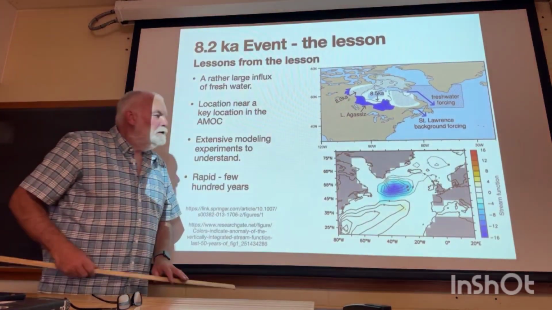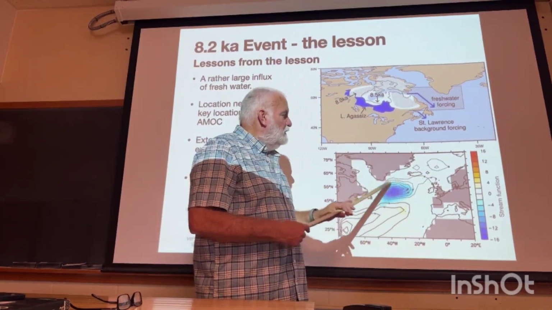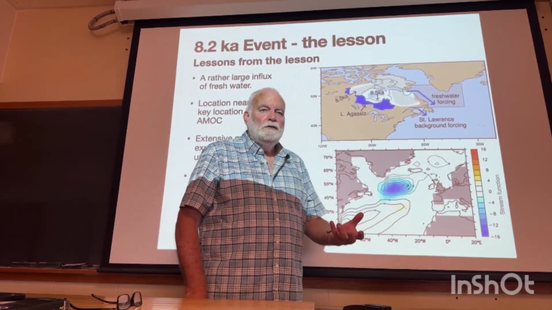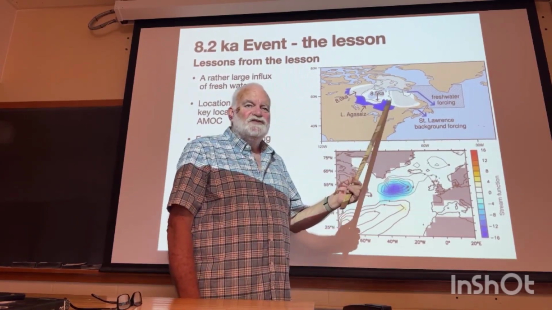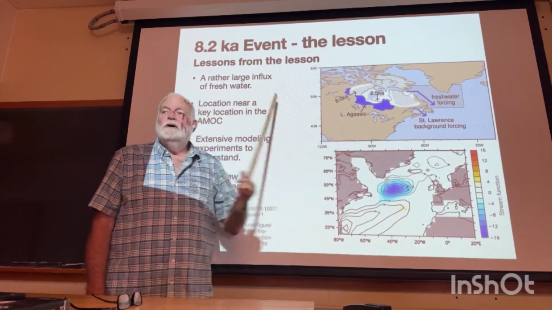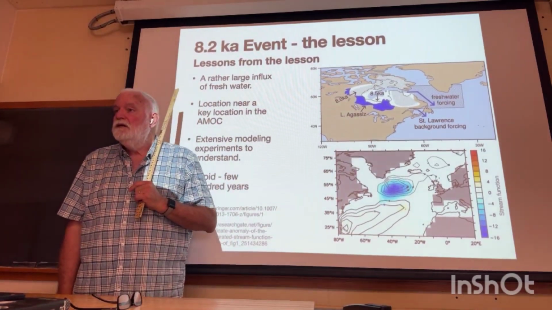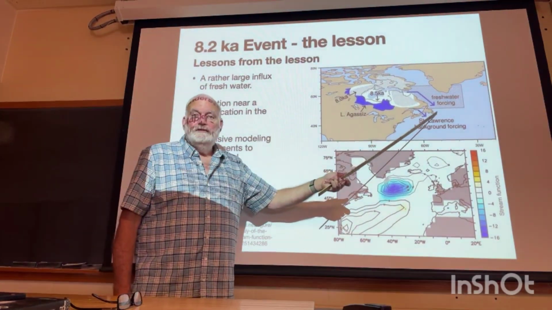So the idea is that there's a concept here about this overturning, and something geologically, which is a kind of unique experience actually, happened, and it blurped out a bunch of fresh, cold water. And so that density changed.